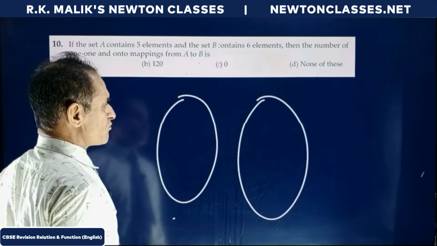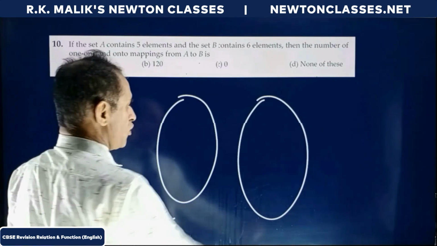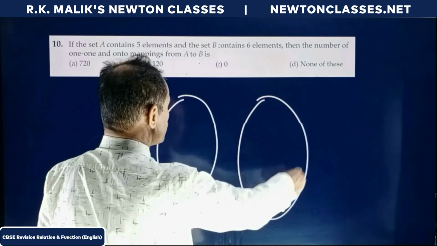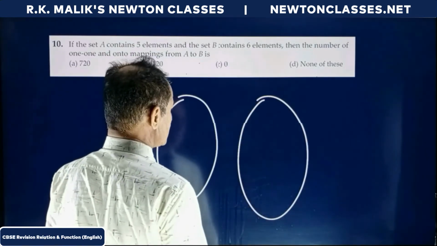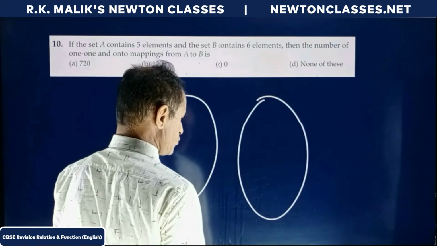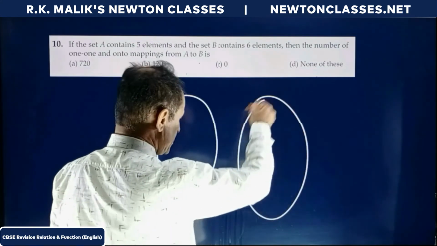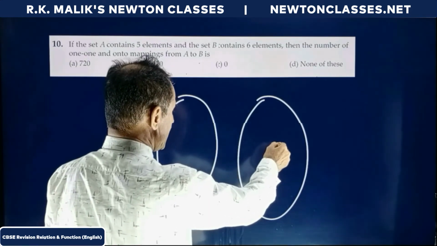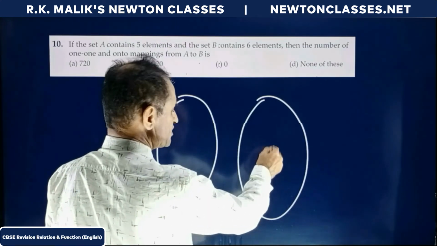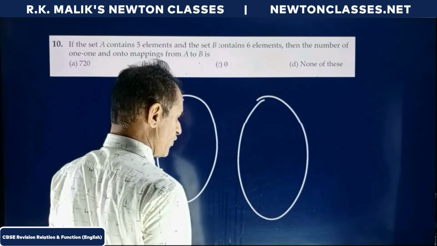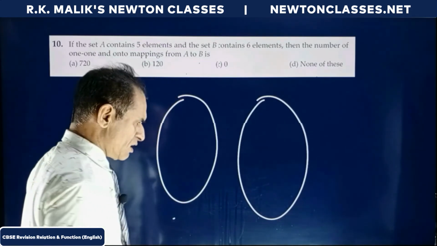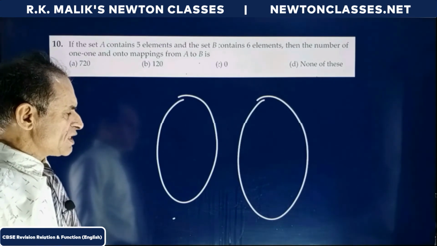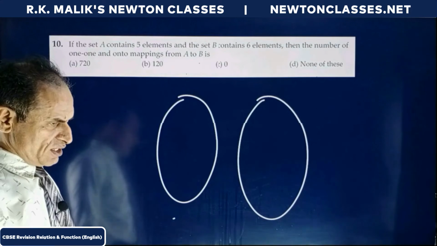And the condition for the function to be one-one is that on every element of the codomain at most one arrow should reach. If there is an element in the codomain on which more than one arrow reaches, then the function will not be one-one. If you are clear about one-one and onto, then it is not difficult to understand.